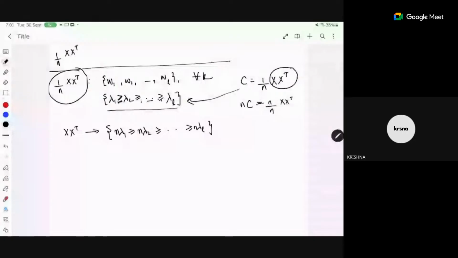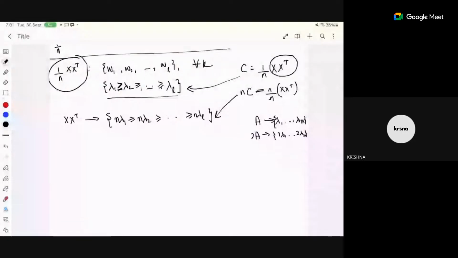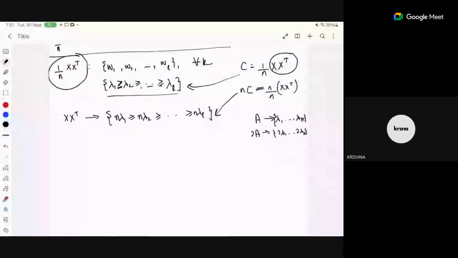We know that if lambda 1, lambda 2, so on to lambda n are the eigenvalues for the matrix A, then the eigenvalues for the matrix n of A, or let's say 2 of A, are going to be 2 of lambda 1, 2 of lambda 2, so on 2 of lambda n. Same thing we have done here, so we multiplied all the eigenvalues by n. Is it okay? Yes, ma'am. So we got the eigenvalues for my matrix XX transpose.